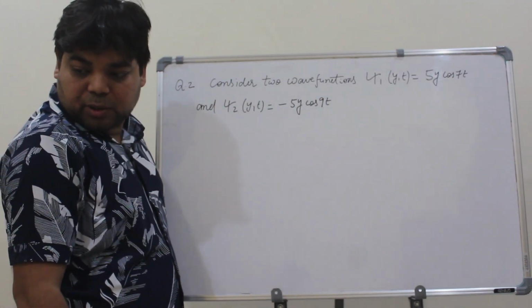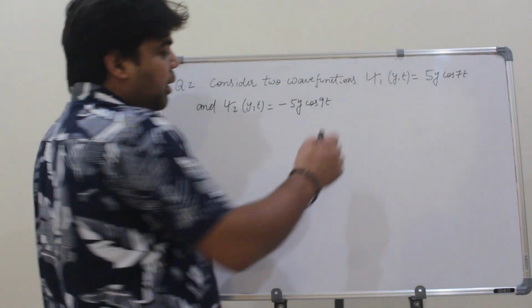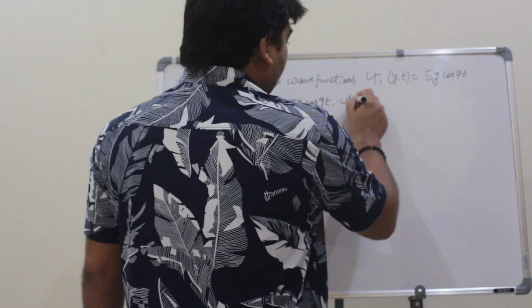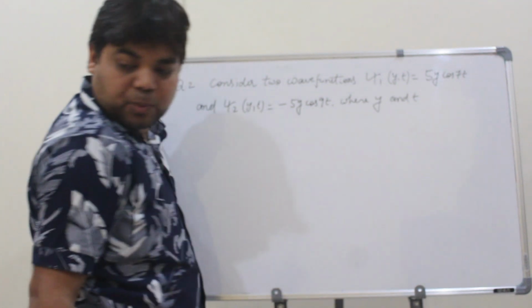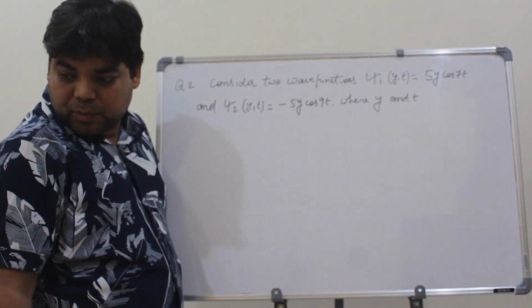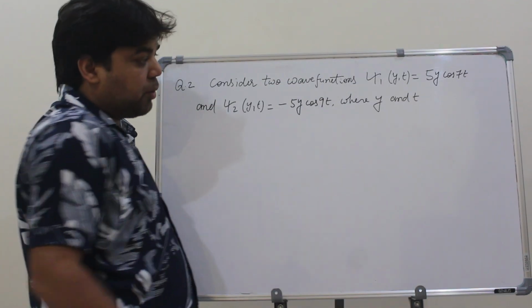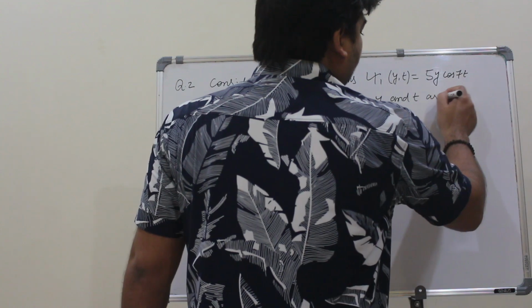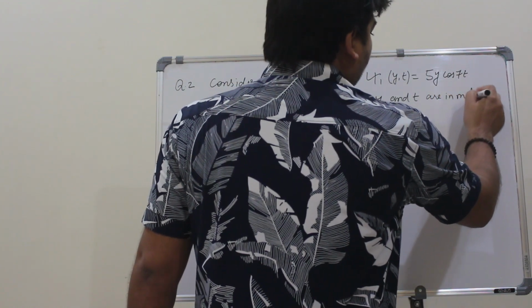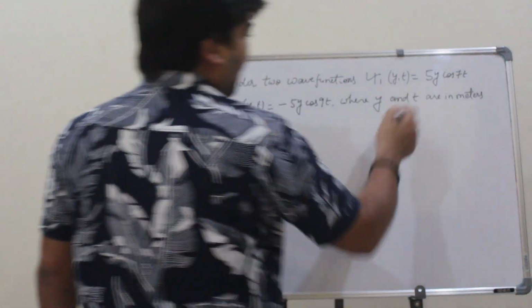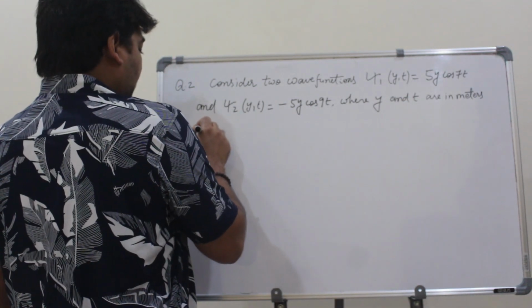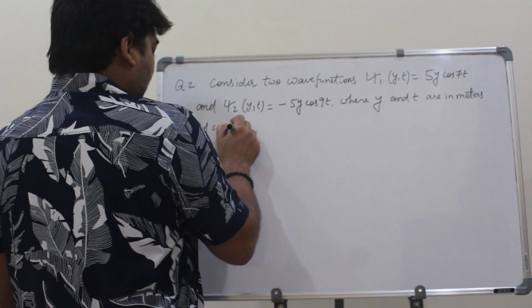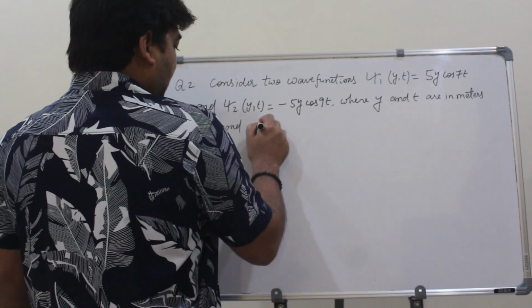So these two are given, where y and t are displacement and time in meters and seconds respectively.